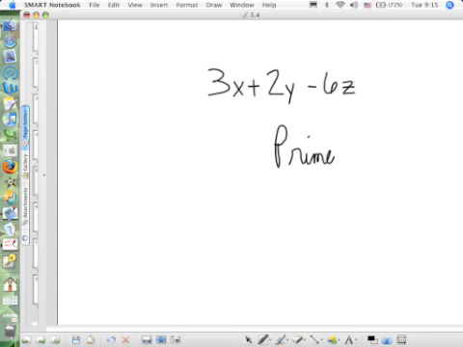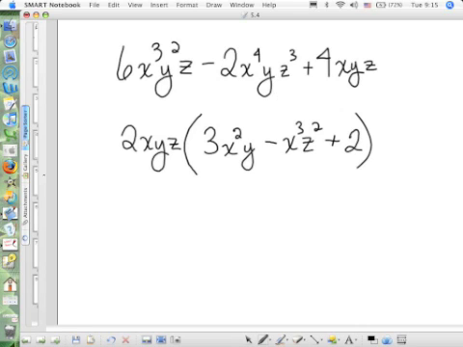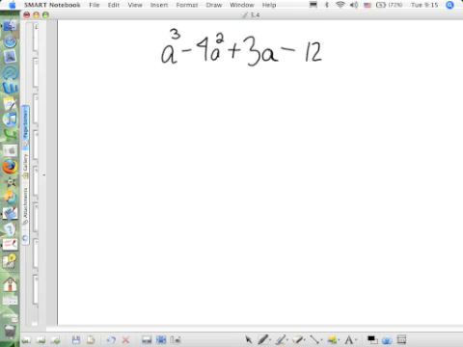All right, now, one more thing we're going to cover today is factoring by grouping. Because sometimes you can't pull a greatest common factor out, but you can group some things together and pull that greatest common factor out. Luckily, if you look at these right now, there are 4 terms.